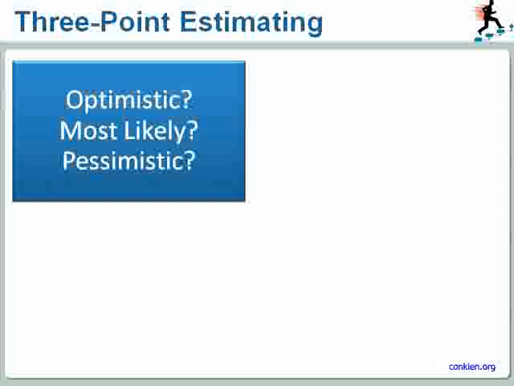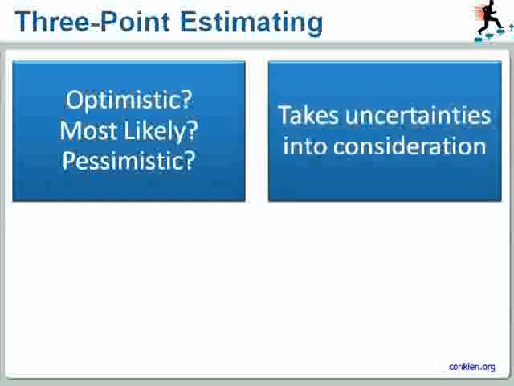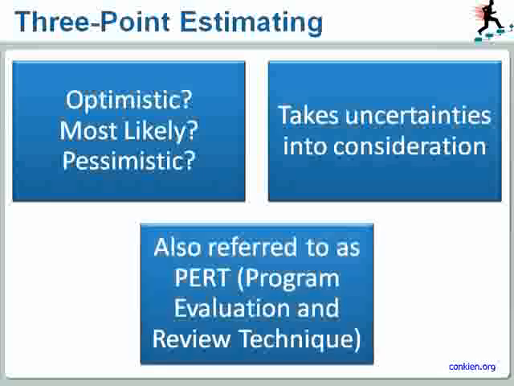How long will this most likely take? And how long will this take if you are pessimistic? And that way you take these uncertainties into consideration. These 3-point estimating techniques, they are also referred to as PERT, Program Evaluation and Review Technique.